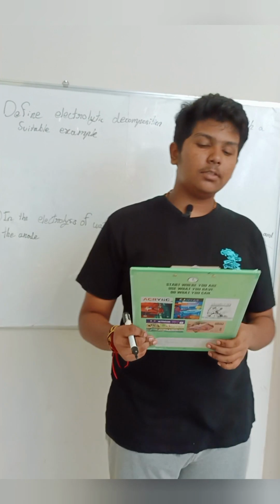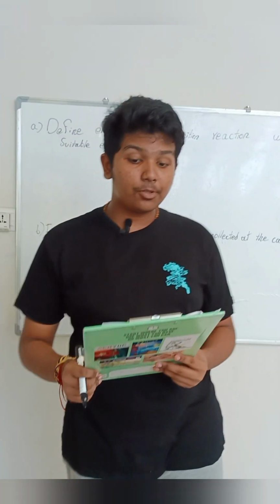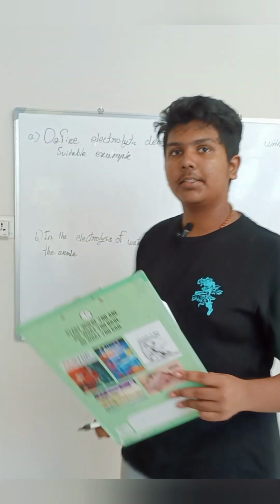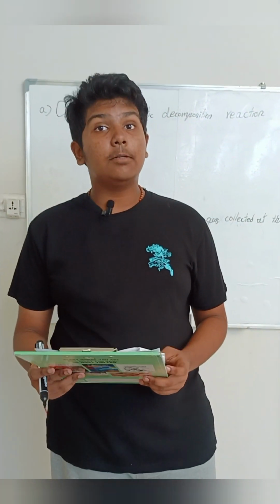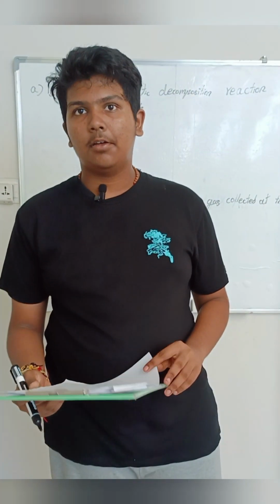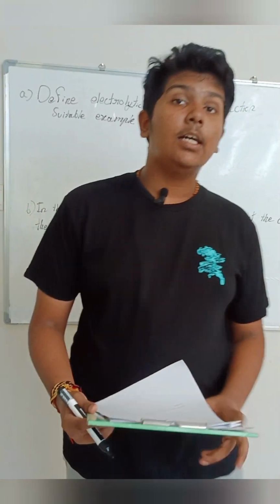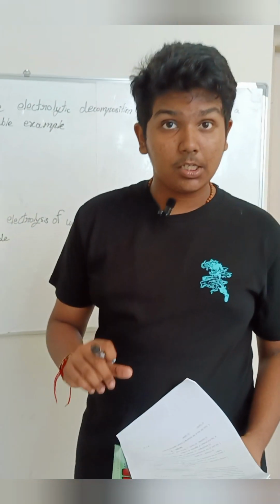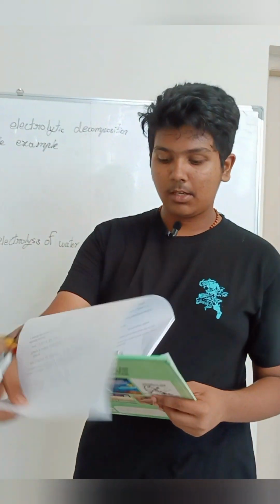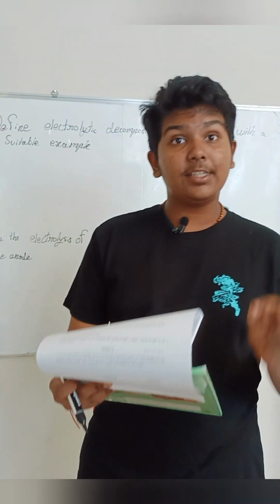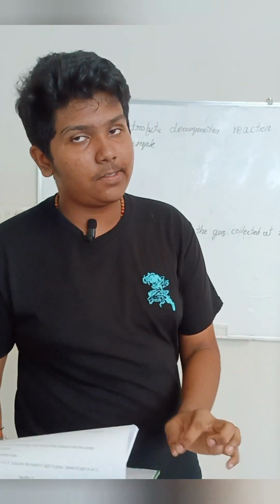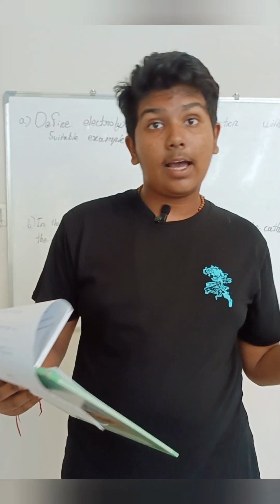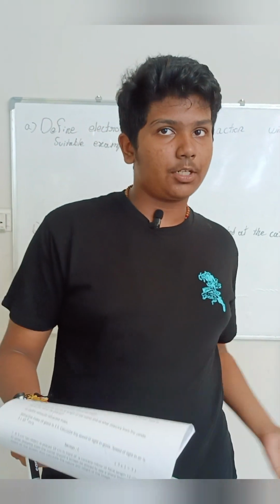So the next question is, define electrolytic decomposition with a suitable example. So what is electrolytic decomposition reaction? The decomposition reactions that are carried out by using electricity are known as electrolytic decomposition reactions.